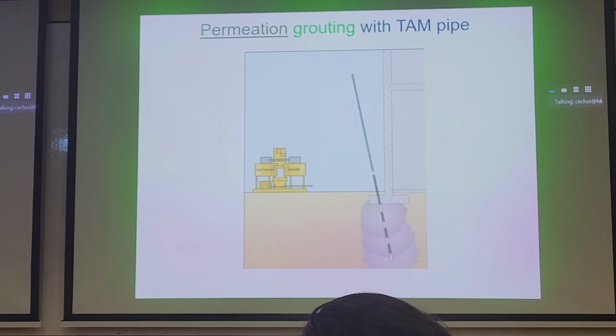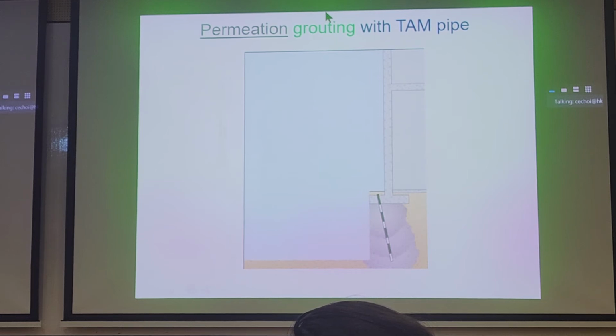And again, two purposes here. Number one, underpinning the footing. Number two, you have a nice retaining device to use. As long as the depth of the wall is not too substantial, it should be okay. So this is another example of permeation grouting with the TAM pipe in this case. If you remember the TAM pipe, it has the sleeves in it, and we can target the elevations that we want.